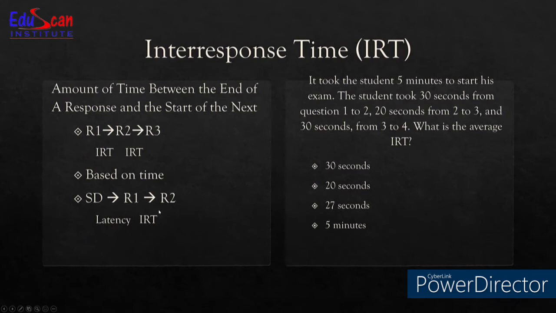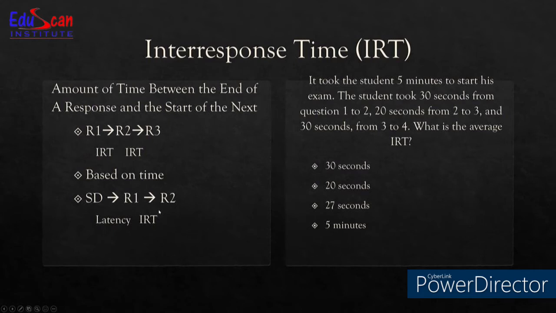What is the time taken between them? R2 to R3 is again an IRT. So it is totally based on time. I once again repeat that latency is from the discriminative stimulus to the beginning of the response, whereas IRT is the gap between two consecutive responses.